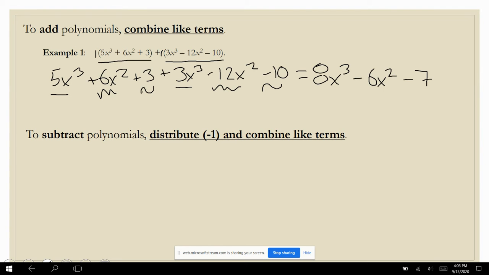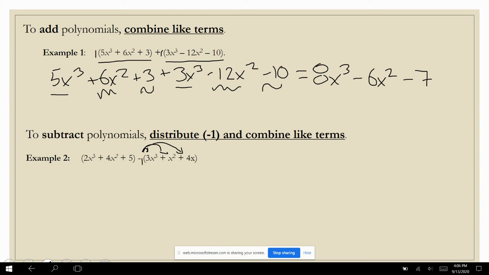Similarly, we're going to do the same thing with subtraction, except now we're subtracting that second polynomial, so we have to make sure we distribute this negative 1 that is out in front to each of these three terms. Okay, we need to make sure we distribute that negative 1.